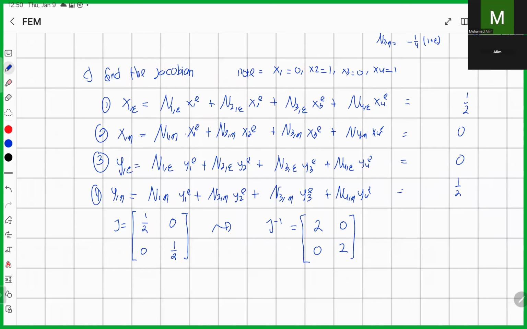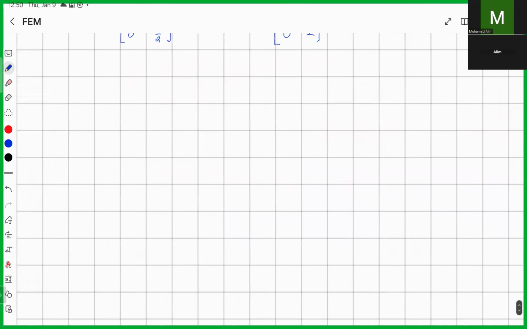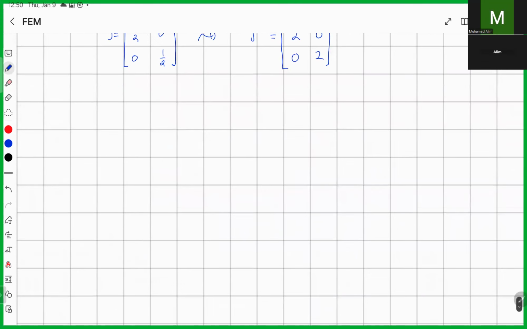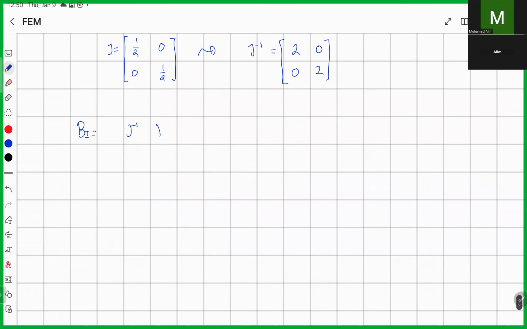Once you have this, you can multiply this. So this is our target previously. This is what we want to get, right? The B matrix, which is del N, del x here, del N, del y.